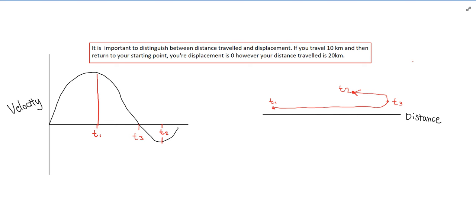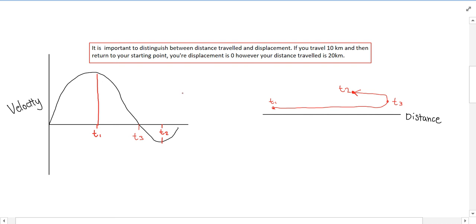Displacement can be 0 or even negative if I moved backwards. However, even if displacement is 0 or negative, our total distance traveled could be 100 kilometers or even 10,000 kilometers. So it's important for us to know the difference between the two.